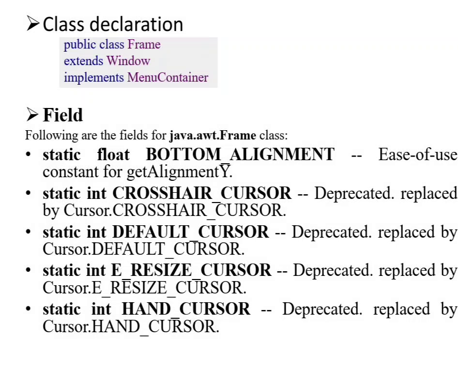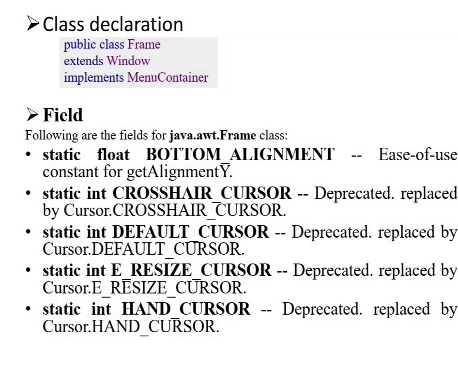First one is static float BOTTOM_ALIGNMENT, ease of use constant for getAlignmentY. Then static int CROSSHAIR_CURSOR, deprecated, replaced by Cursor.CROSSHAIR_CURSOR.